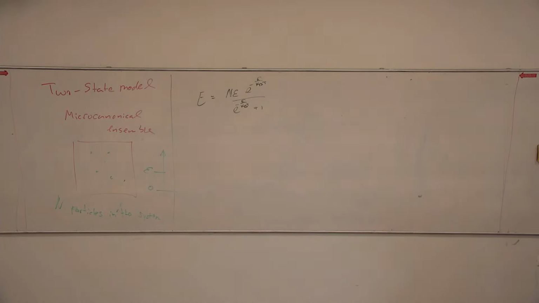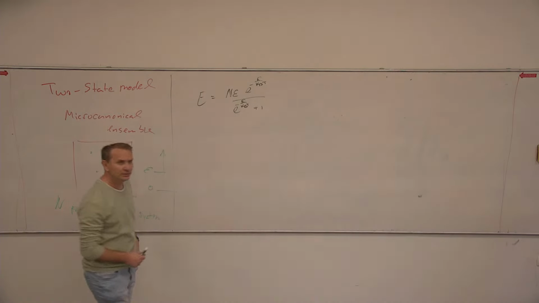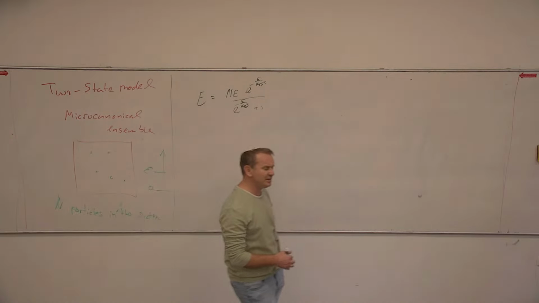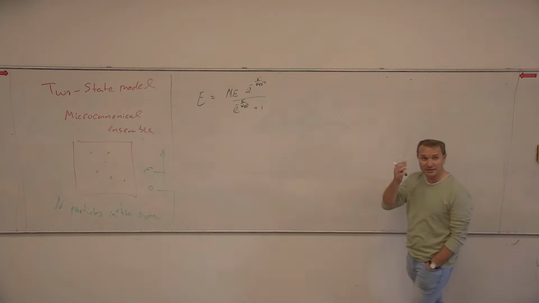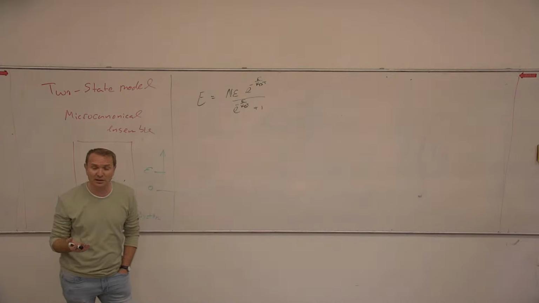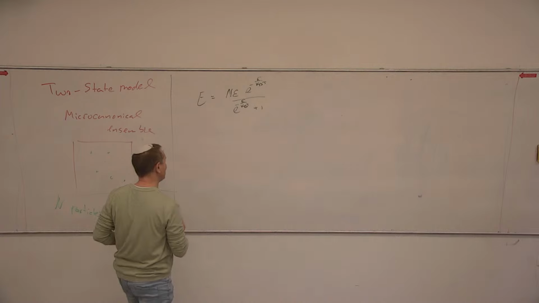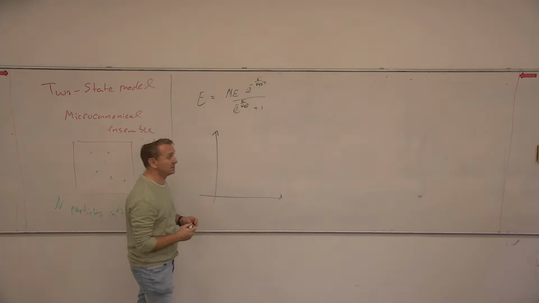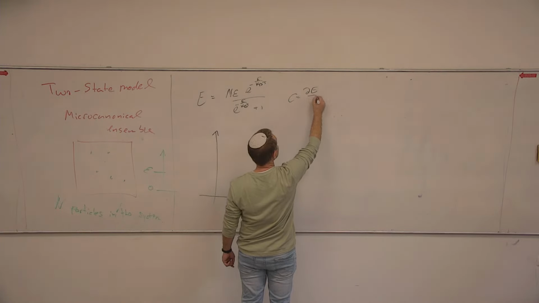Great. Now, the idea was to compute the heat capacity. Why the heat capacity? The heat capacity is a measurable quantity. You can go to any lab, and usually what you do is heat up the system a little bit, and you see how the energy changes due to the heating. So the heat capacity, C, is dE over dt.